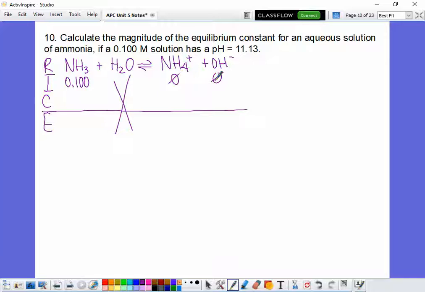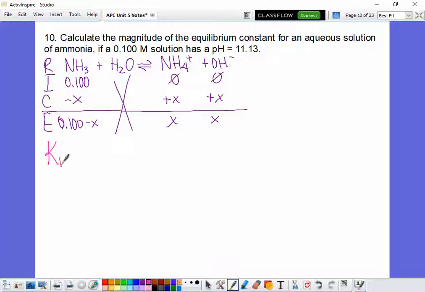All right, so which way will this reaction proceed? To the right. So this is going to be minus X. It's a 0, not a 6. Cool? All right, so let's write out the equilibrium expression. So I'm going to write a K expression. What's going to be my subscript here?